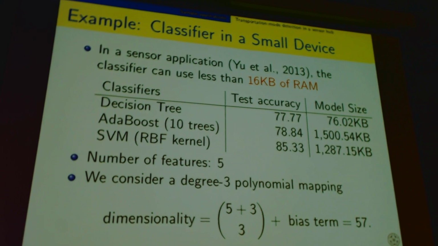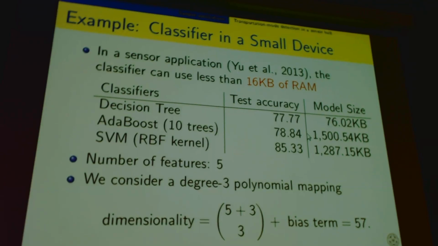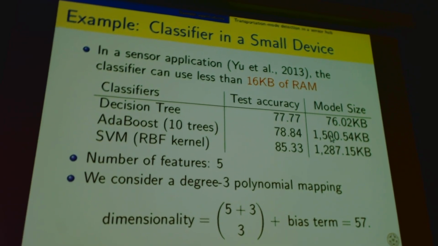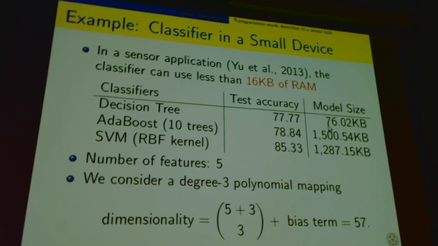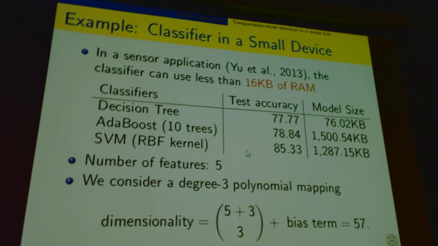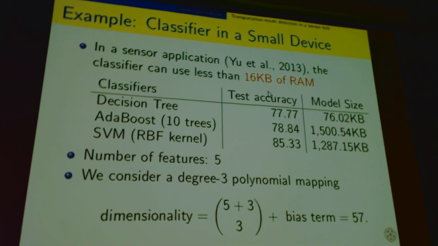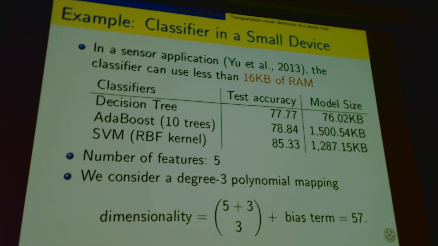Now for the data set, if we train a regular classifier, let's see what the model size is. If you use a decision tree, then you need so much model size. And if you use AdaBoost with several trees or SVM with Gaussian kernel, then the model size is much larger than the 16K that we can afford. So we need to find some ways.